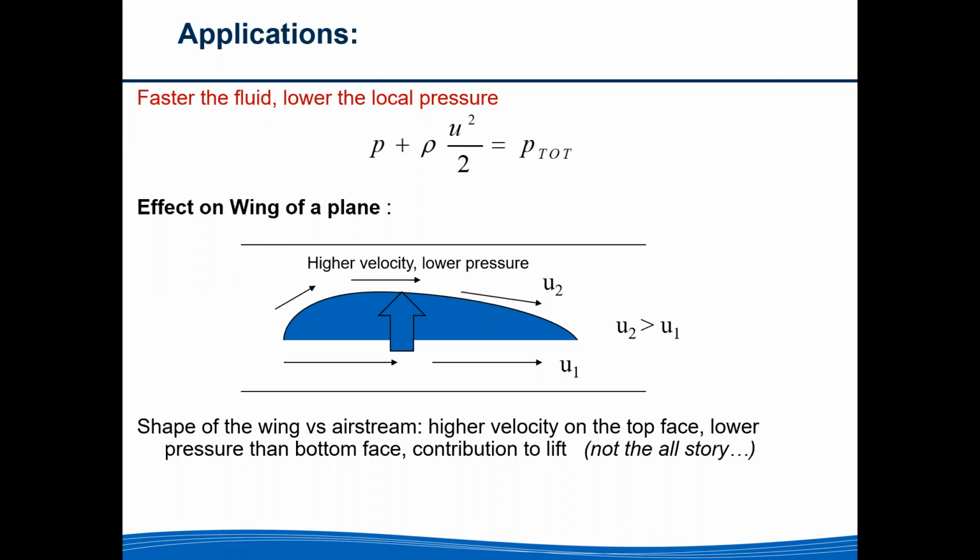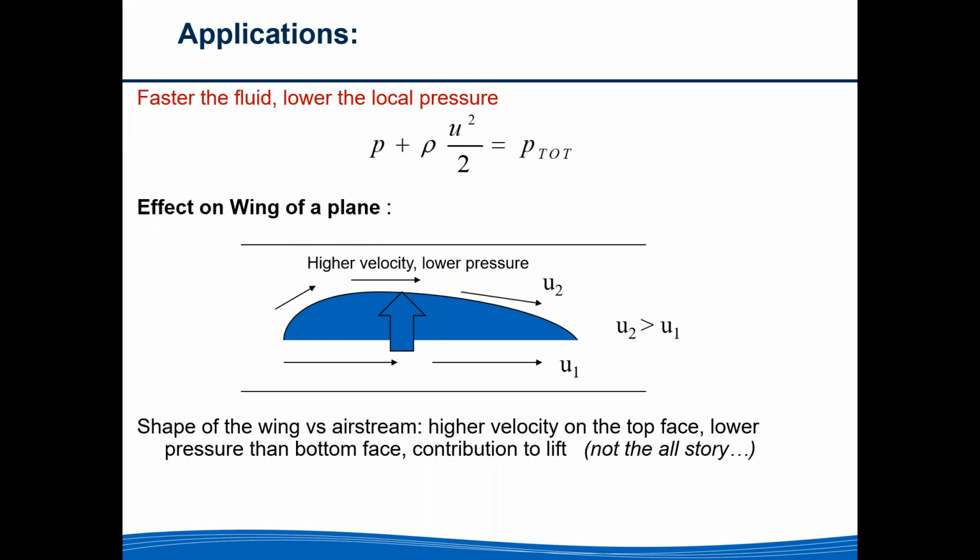For different reasons, when we have a wing of a plane with a certain shape, a certain profile, the flow on the top of the wing will go faster than the flow on the bottom of the wing. So we will have a higher velocity on the top face. The air will run faster on the top.